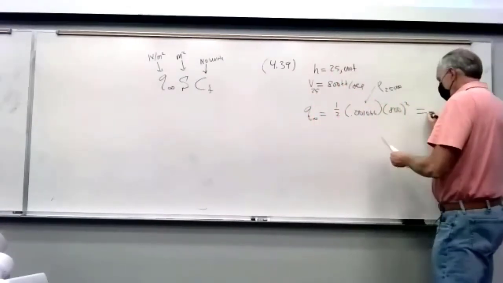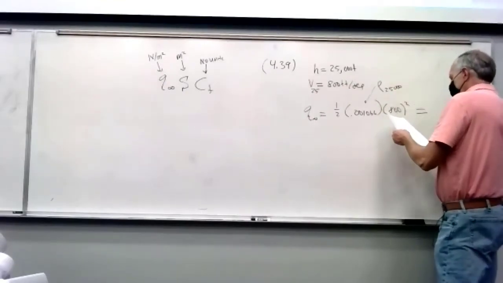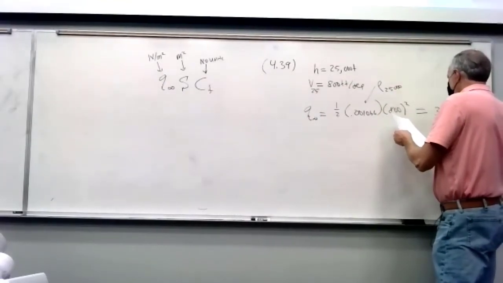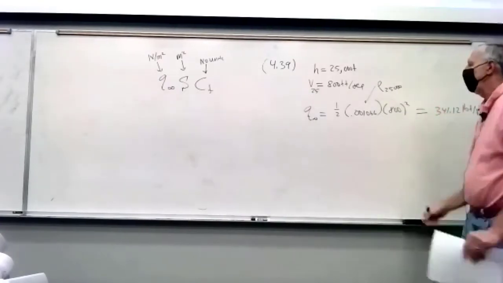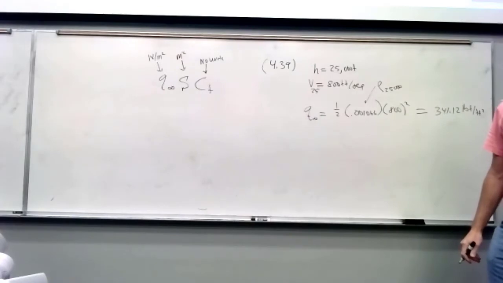And so you get a dynamic pressure at that altitude of 341.12. So there you just calculate the dynamic pressure from the definition.